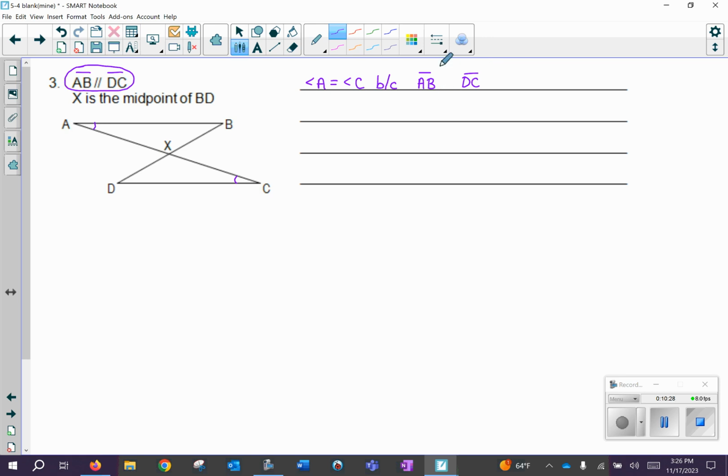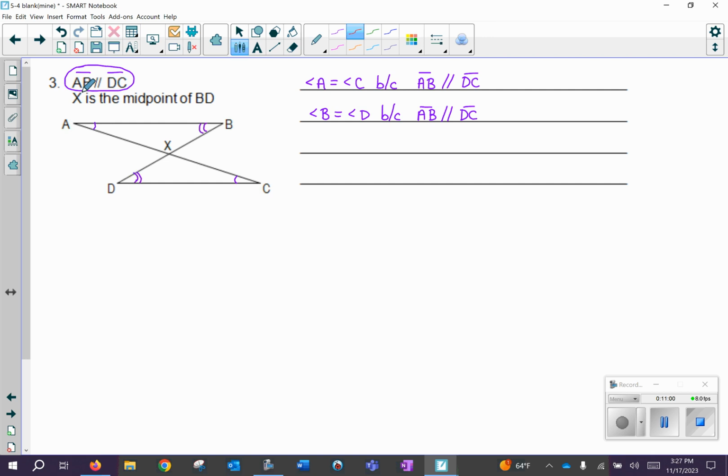Okay? And likewise, if you go the other direction, here's a forward Z because of the parallel lines. Notice it's still purple for me. Same piece of information is giving me two things. So angle B equals angle D, same reason, segment AB is parallel to segment DC. Okay, I'm ready for more information now.